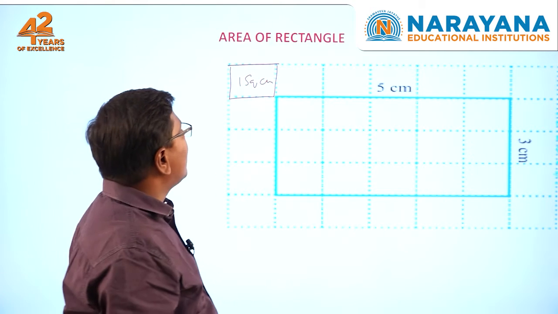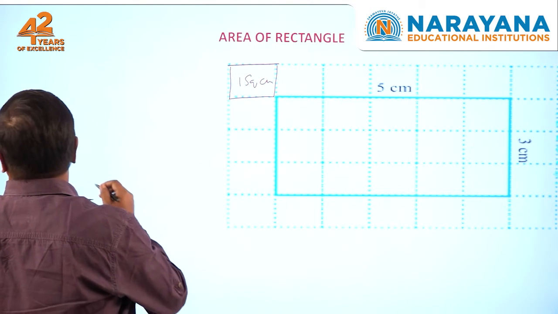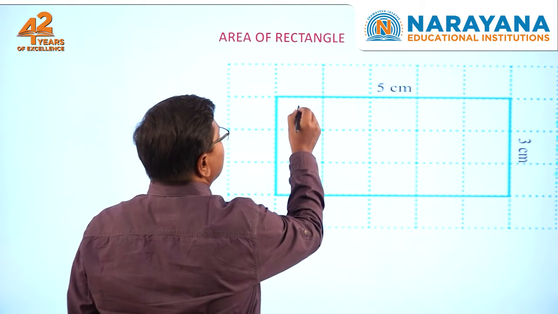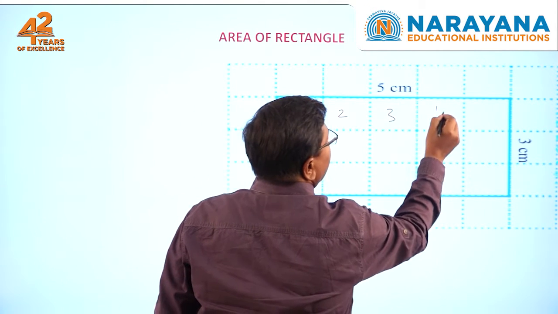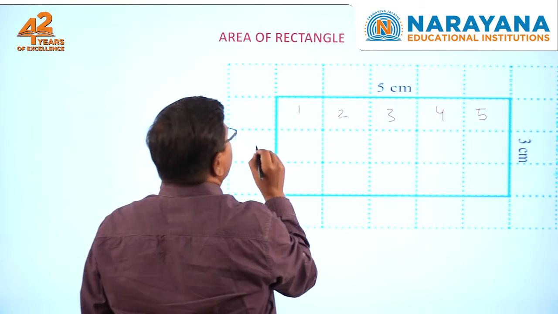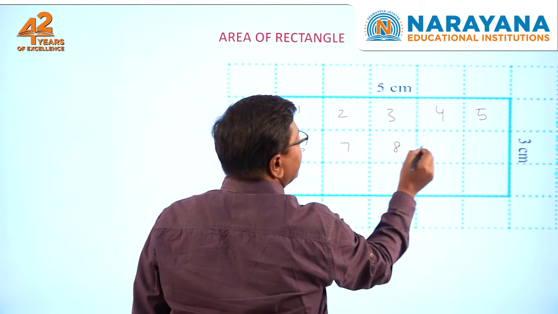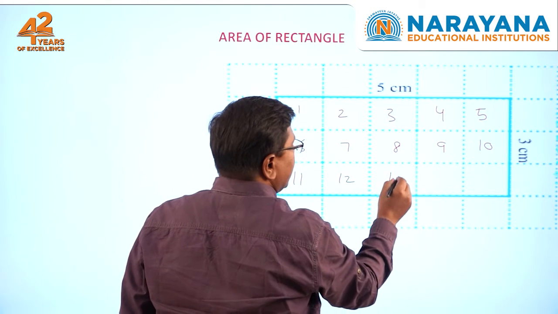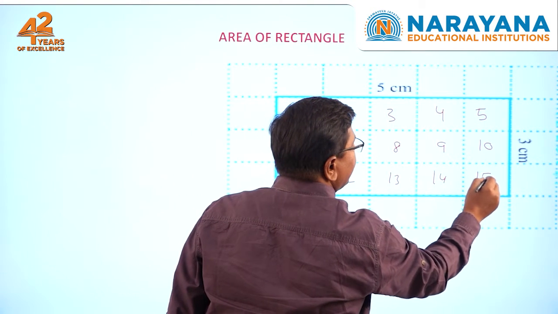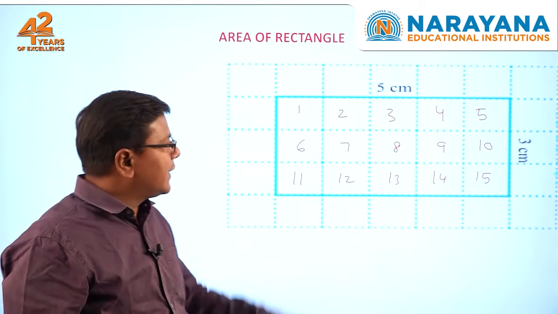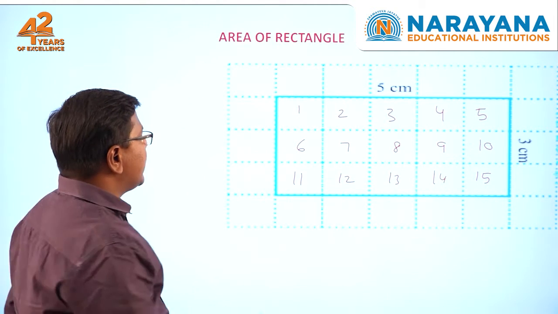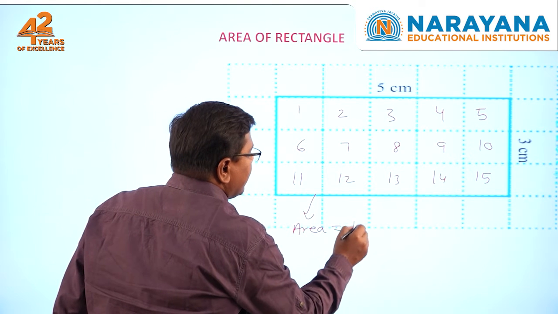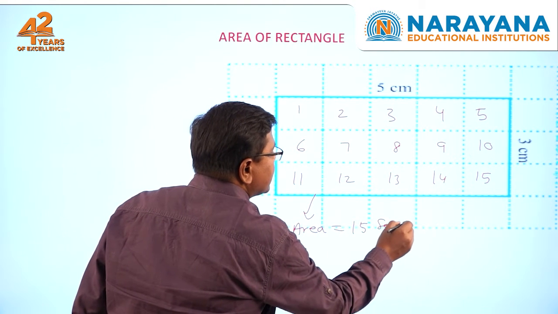See, if you count how many we have inside: 1, 2, 3, 4, 5, 6, 7, 8, 9, 10, 11, 12, 13, 14, 15. So there are 15 squares inside the rectangle. Therefore, its area is 15 square centimeters.